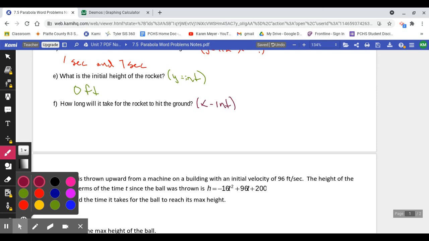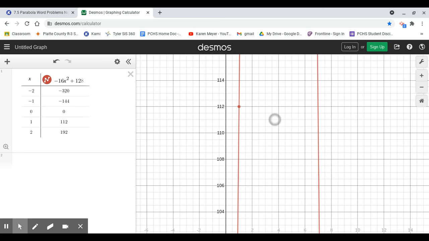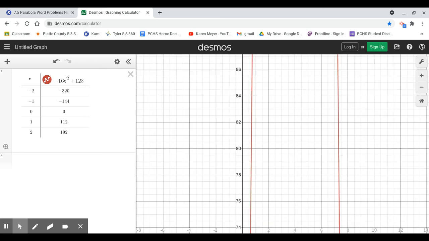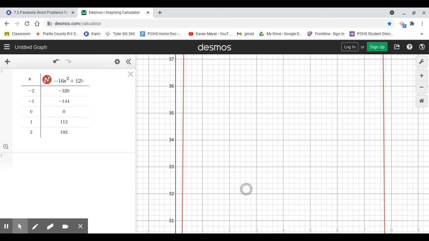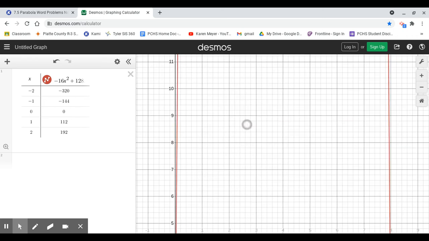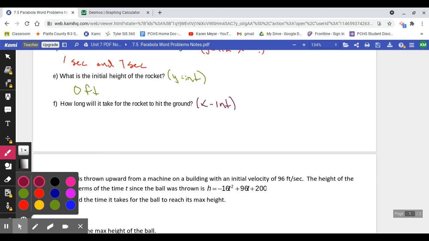Remember, it's the farthest one on the right. And boom, it looks like the farthest one to the right is going to be at 8. So over here, you would say it takes 8 seconds.